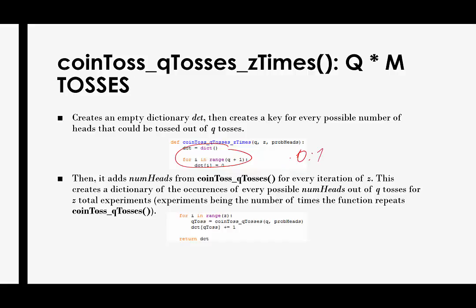And then it just keeps incrementing those for Z times, because you've got maybe 10 tosses, but you have to multiply it by 1,000, so overall you're going to have this many tosses. And then it'll add num heads from coin toss Q tosses for every iteration of Z. So what it does is create a dictionary of the occurrences of every possible num heads out of Q tosses for Z total experiments. Experiments being the number of times the function repeats coin toss Q tosses. And it does that with this code right here.